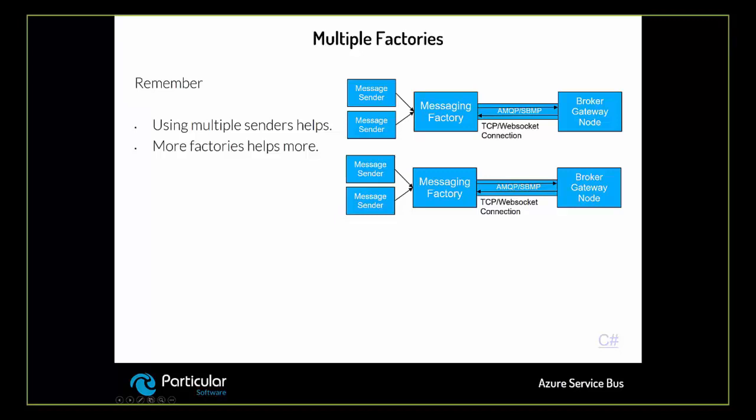Therefore, more factories obviously helps, rather than having multiple senders associated with the same factory. Having one-to-one, one message sender associated with one messaging factory, will give you a higher performance.